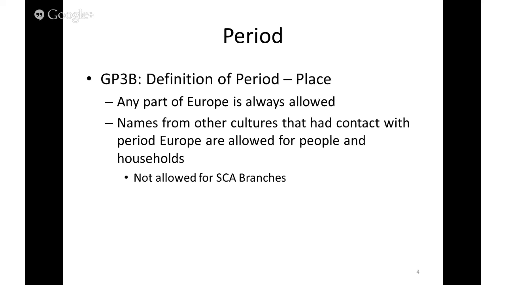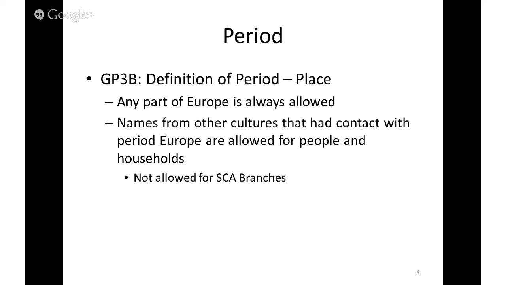There's also a question of place. Generally speaking, any part of Europe is always allowed, and Europe goes basically as far east as Russia, as far south as Greece and Italy and Spain. It probably does not include the Middle East, and it probably does not include Muslim Spain directly. However, names from other cultures are allowed if they had contact with period Europe.